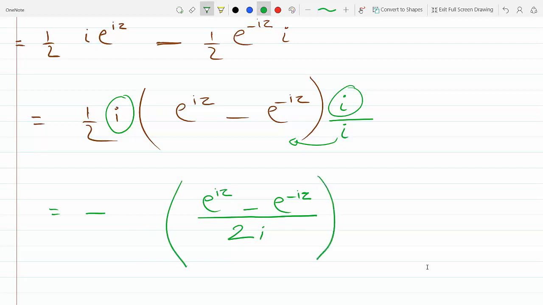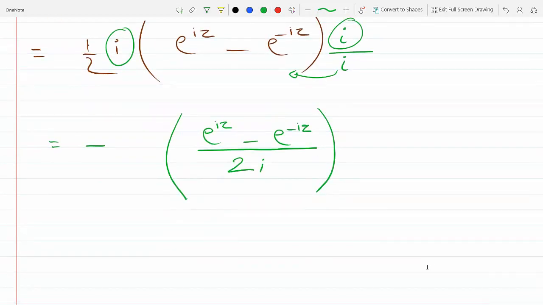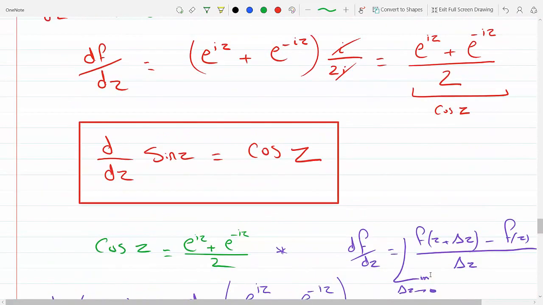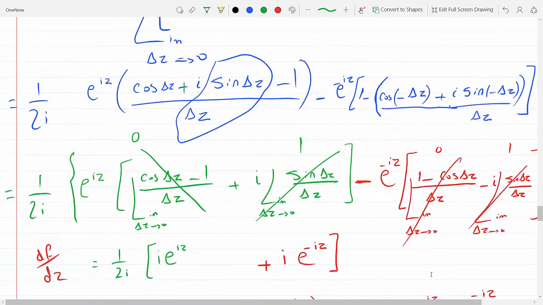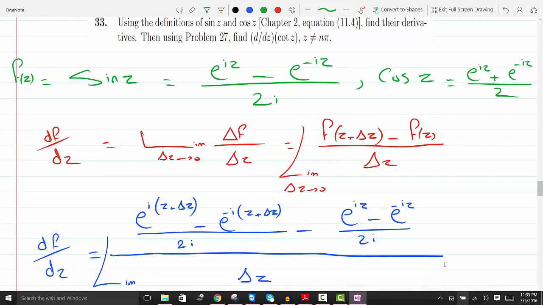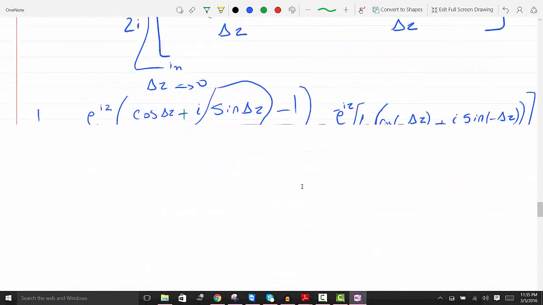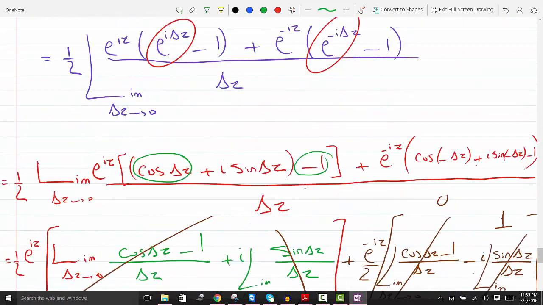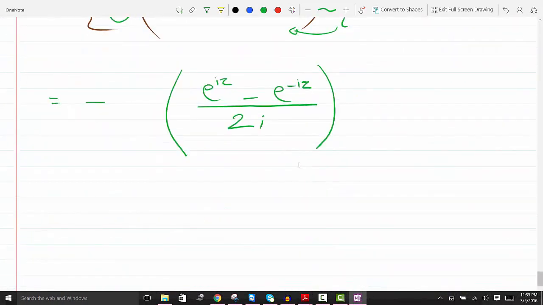There we go. And what is e to the iz minus e to the minus iz? Isn't that cosine z? I mean sine z? Yeah, that's exactly sine z. And so this is sine z.